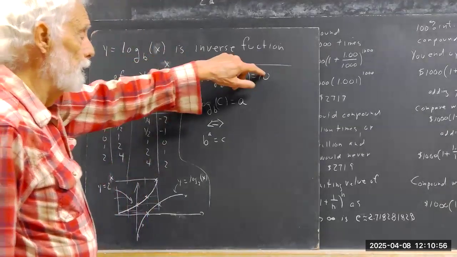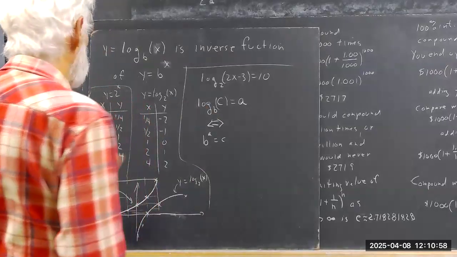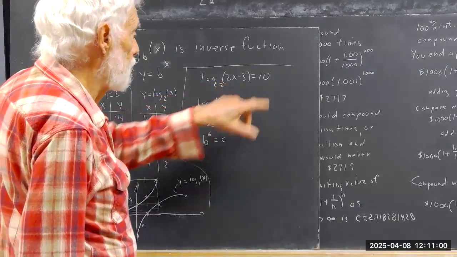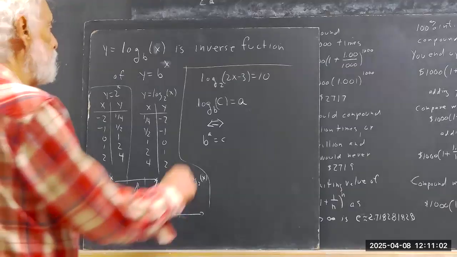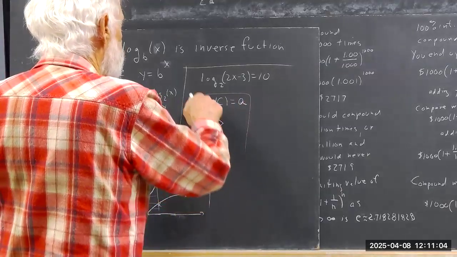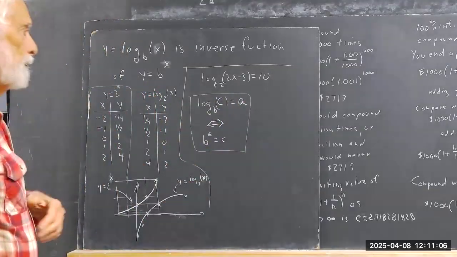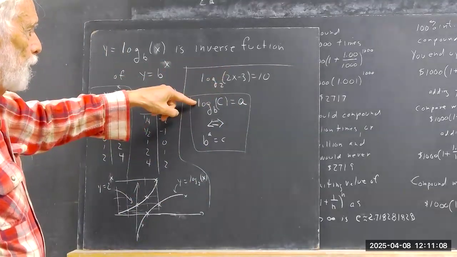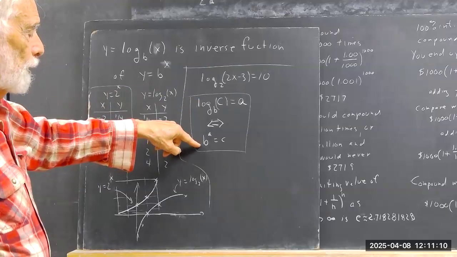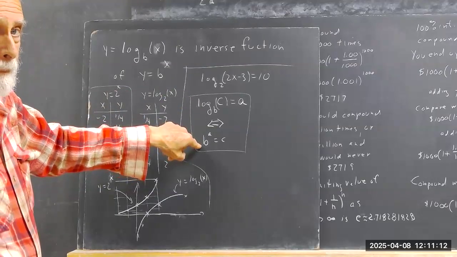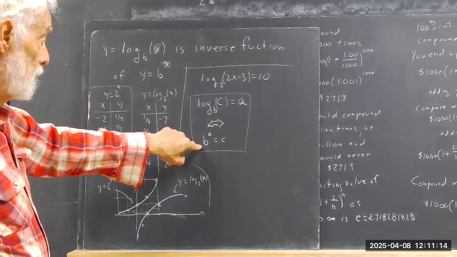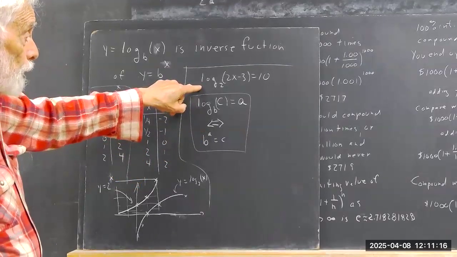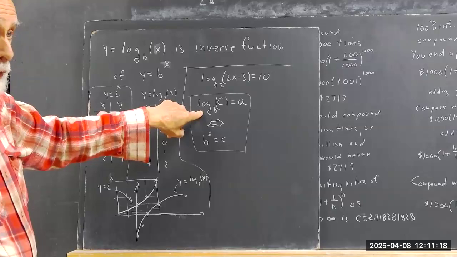So this equation, log base 2 of x minus 3 equals 10. Is this expression in this form or this form? Well, pretty obvious, it's got that log in there. It's in this form, right?